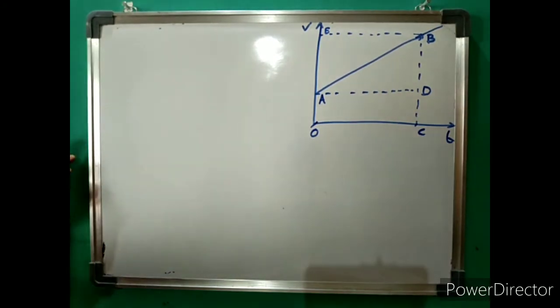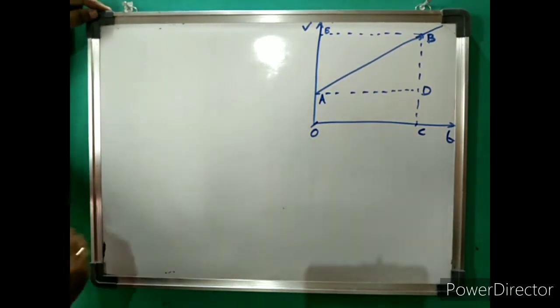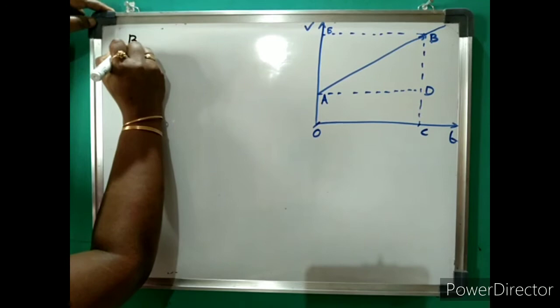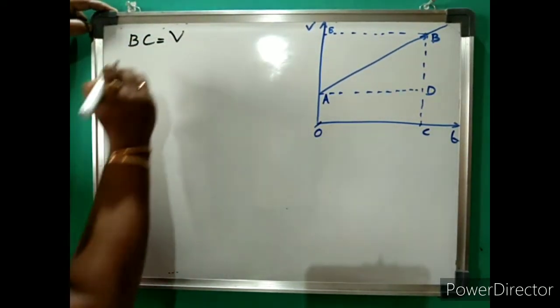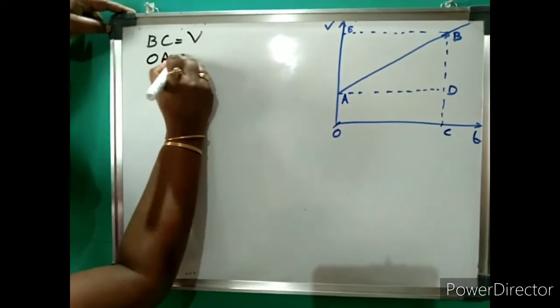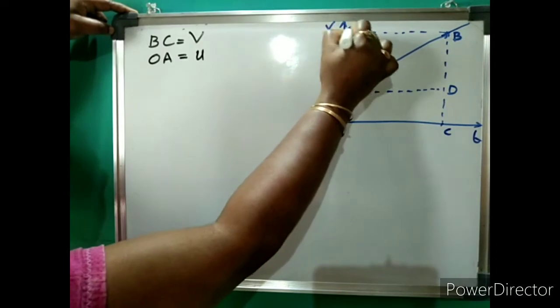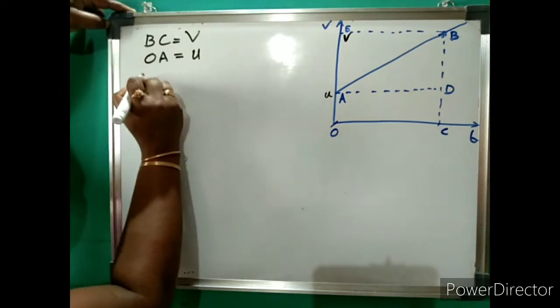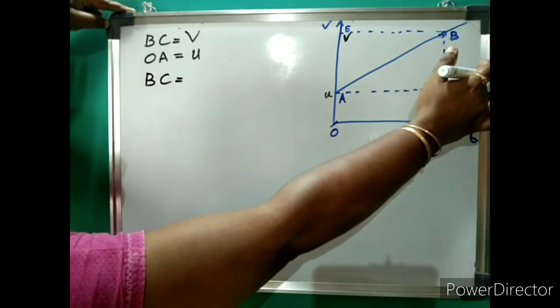From the VT graph, we know that BC is equal to V and OA is equal to U. BC can also be written as BC is equal to BD plus DC.